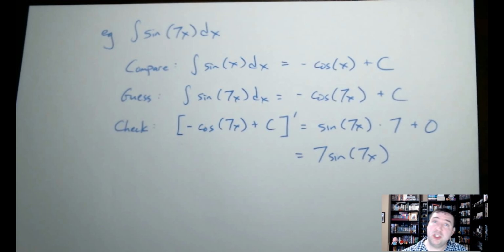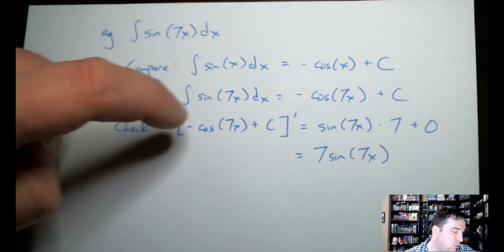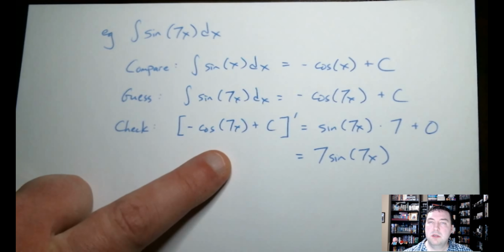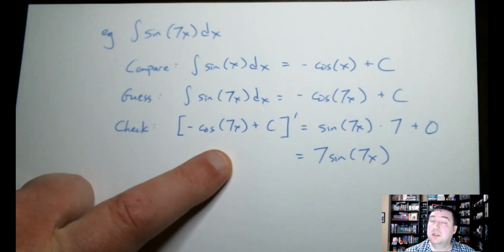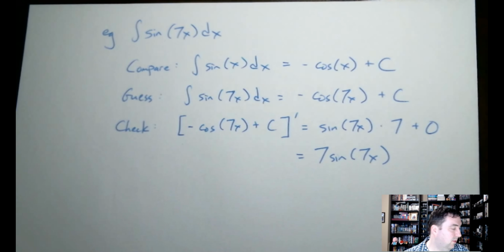And we can imagine if we did have 7x plus or minus a constant here, almost nothing would have changed. Because in particular, when we check by the chain rule here, if our guess had been, say, negative cosine of 7x plus a half, well, when we differentiate that inside function, 7x plus a half, we still just would have gotten 7 here. So it really does seem to be that coefficient of x that's important, not the constant term, in our linear composition.